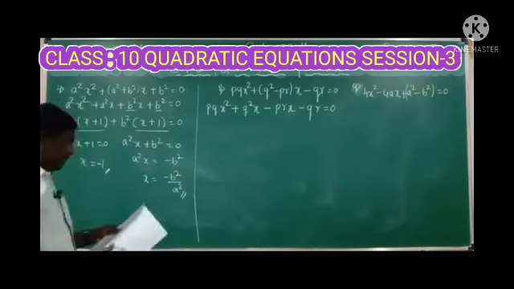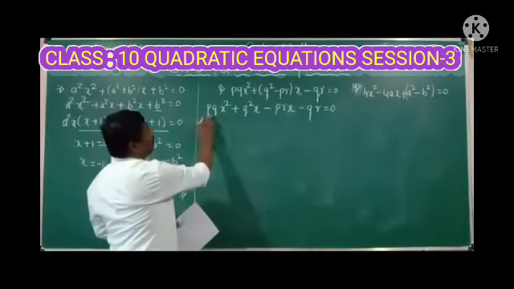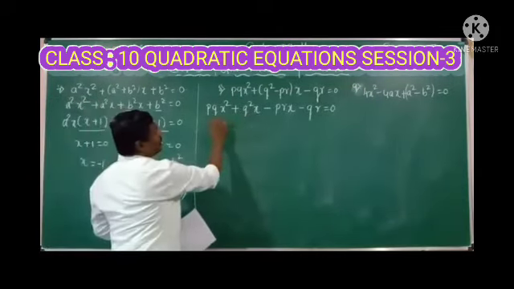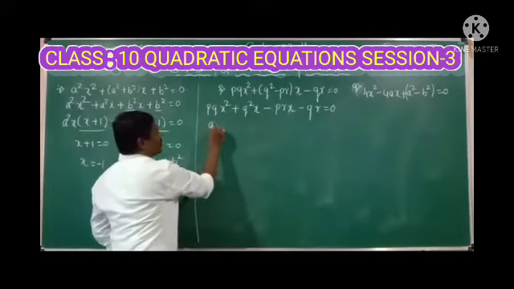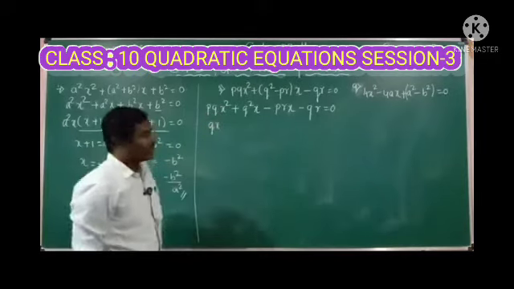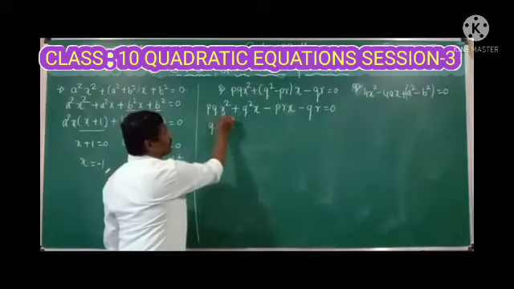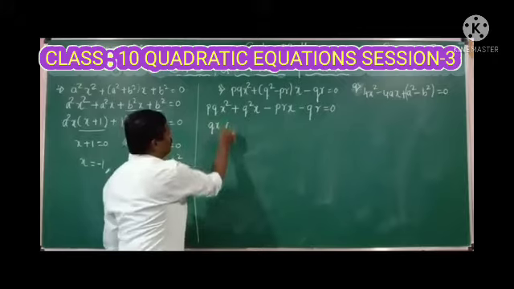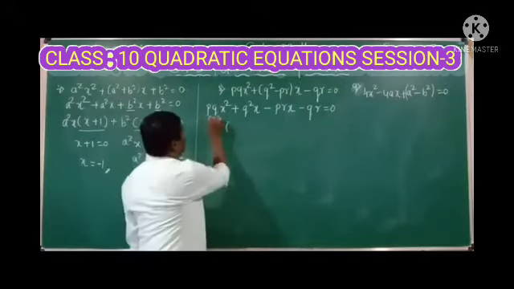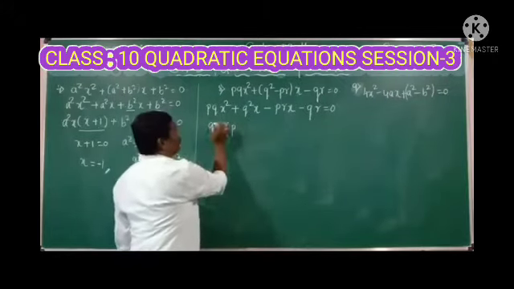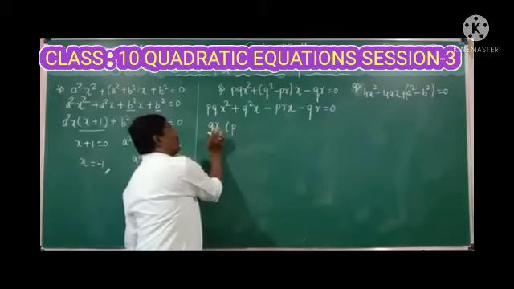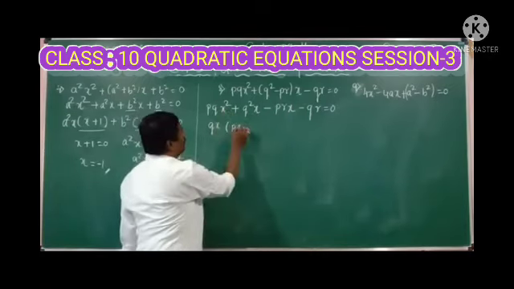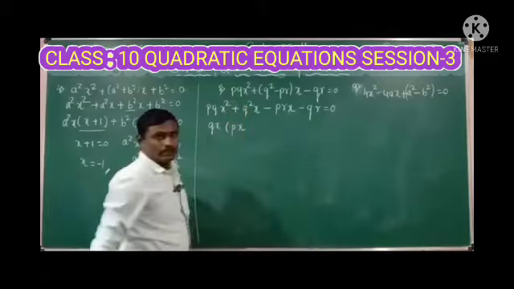Right? What we are getting common here? qx square and q square x, means we take qx as a common term, then remaining terms are p, here one x already taken means the remaining is x.